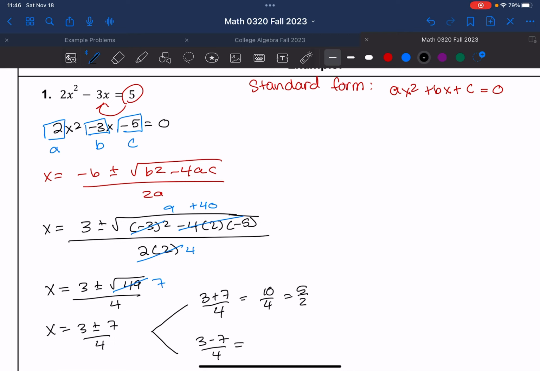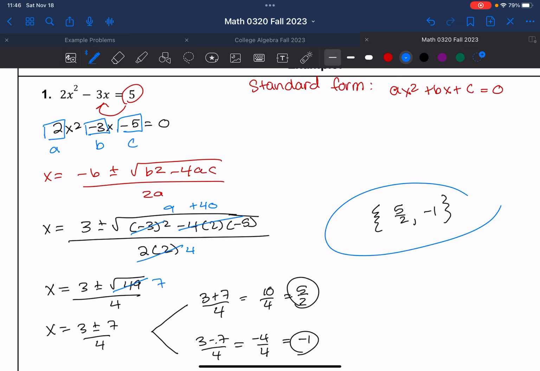And the next one, 3 minus 7, is negative 4 over 4, which simplifies to negative 1. So that means these are my two answers. I write them as a solution set of 5 over 2, comma, negative 1. Okay, that's my answer.